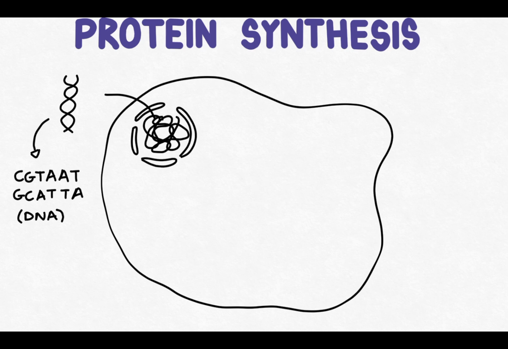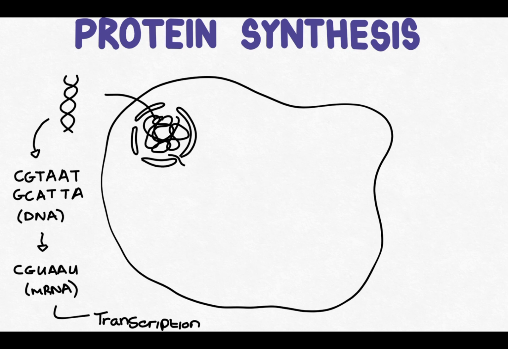So the GCATTA code will turn into a CGUAAU code. Now remember, guanine always attaches to cytosine, cytosine to guanine, thymine to adenine, and adenine will attach to uracil in RNA because RNA has uracil instead of thymine.